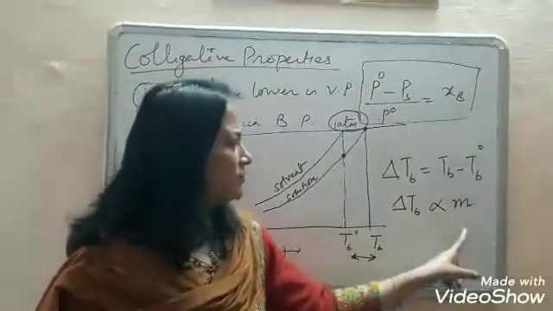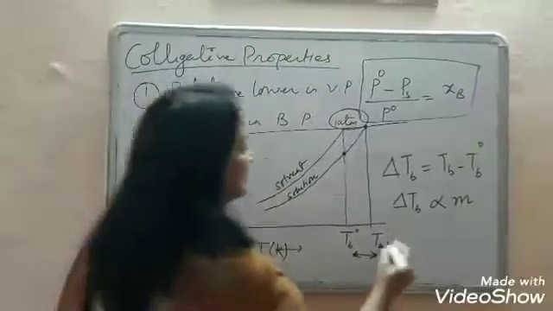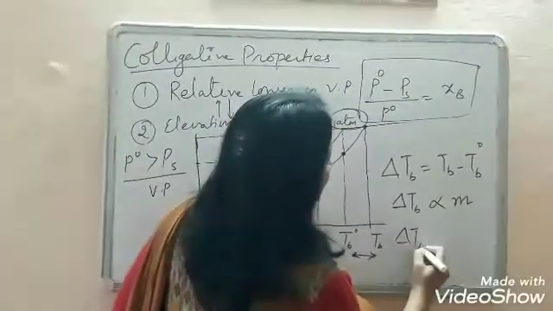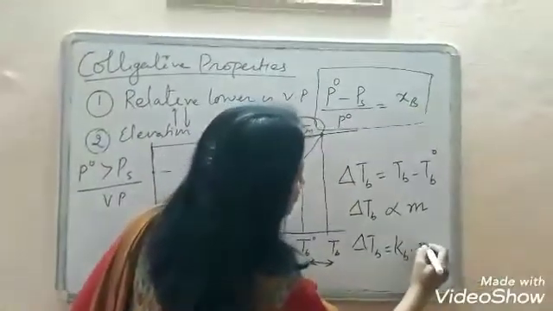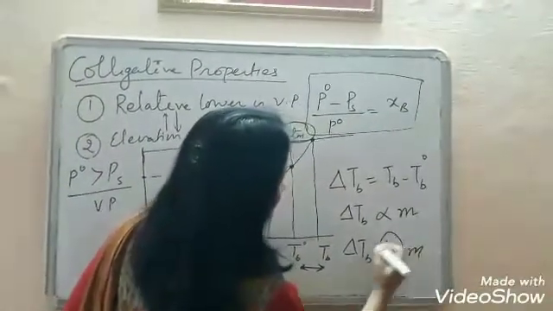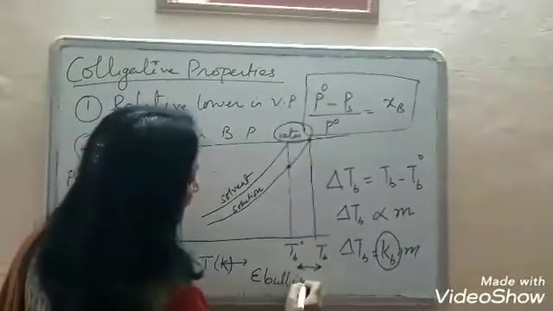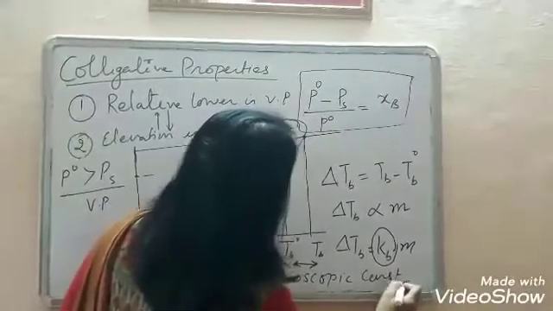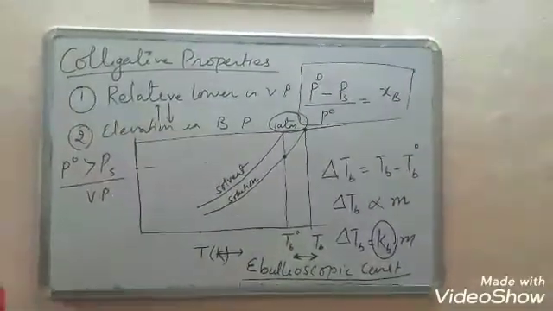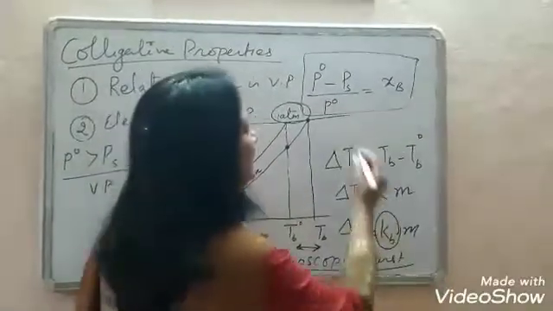So the number of moles of solute particles we take in terms of molality, and that proportionality sign would be replaced by some proportionality constant Kb into m, and this Kb is called, very important, the ebullioscopic constant. So a 1 mark question comes: define ebullioscopic constant. How will you define it?